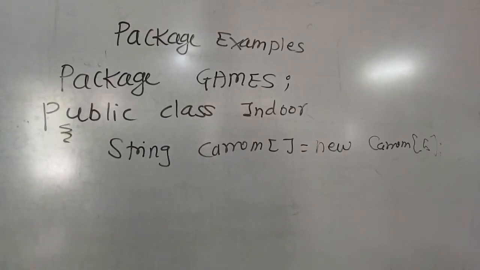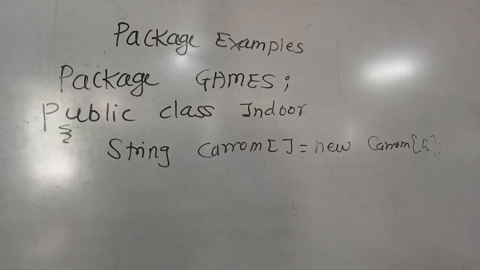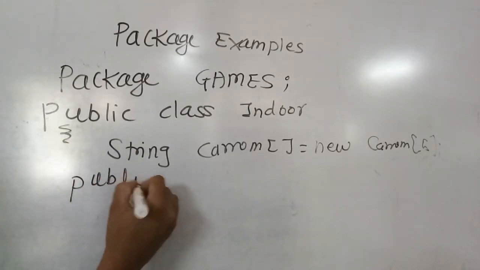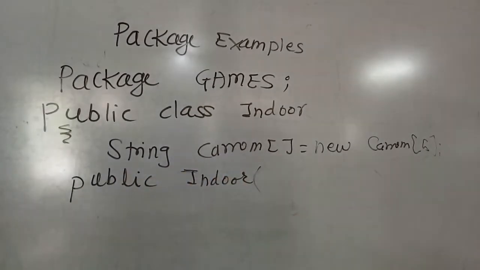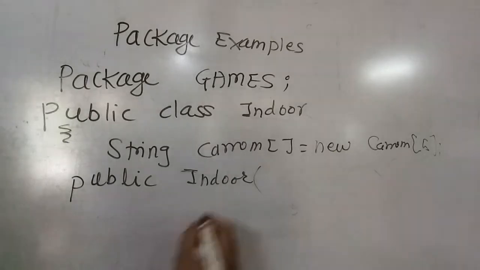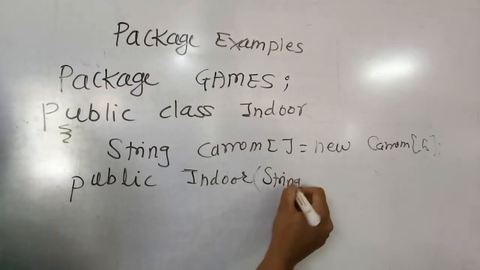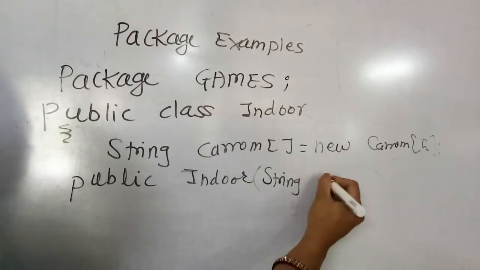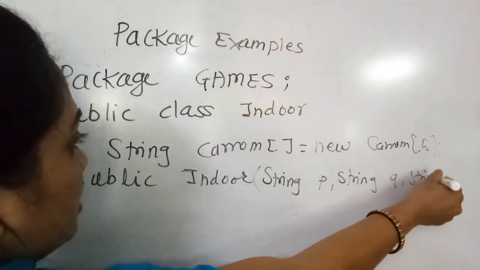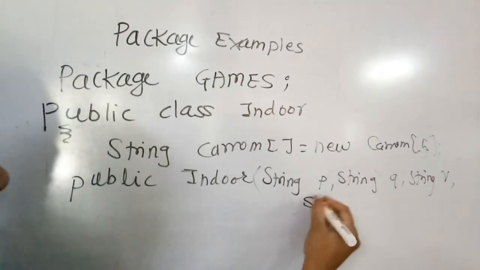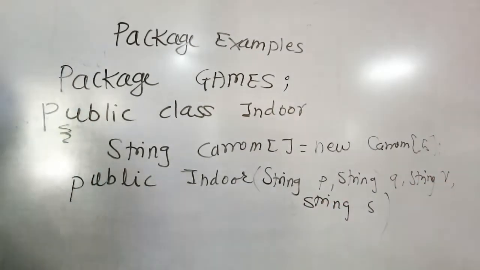Now we will write next: we have to create the parameterized constructor for accepting these things. So we will create this constructor as public, then specify the constructor name same as the class name, indoor, and then we will accept different types of indoor games here, for example string type p, q, then string type r, then string type s. Okay.